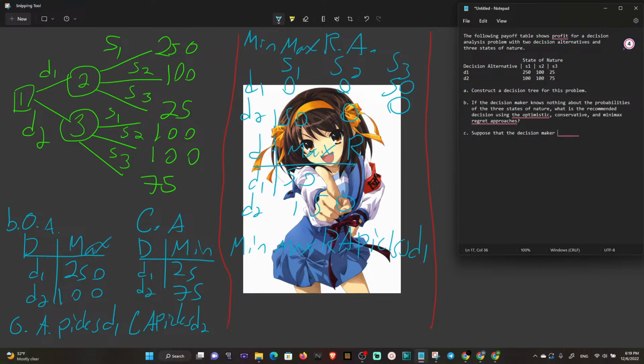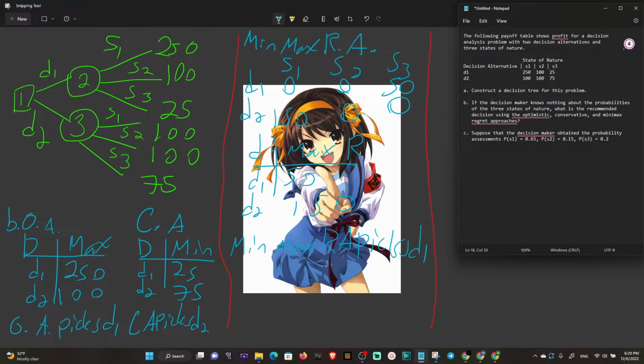Okay. Obtained the probability assessment. P of S1 is equal to 0.65, P of S2 is equal to 0.15, P of S3 is equal to 0.2.